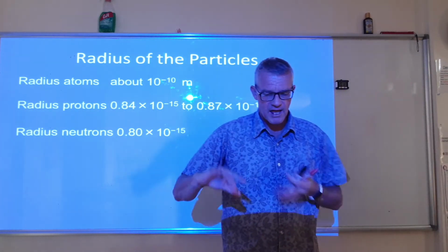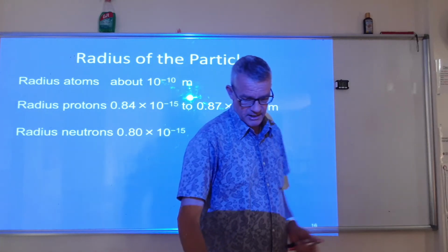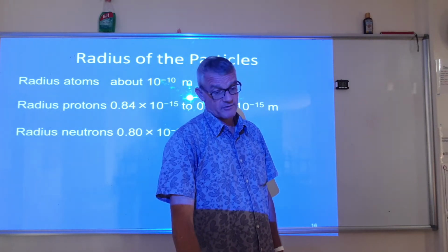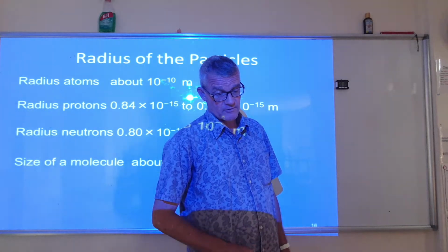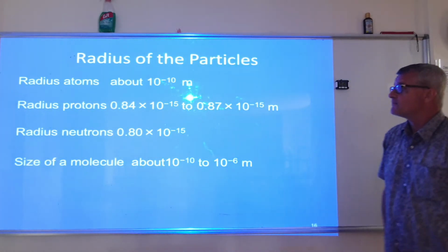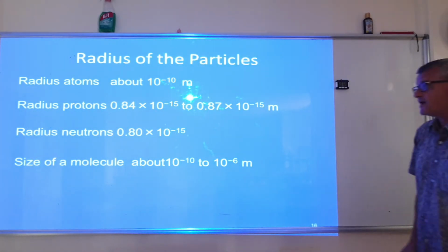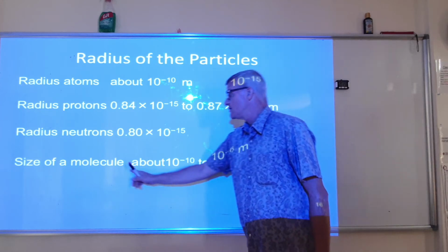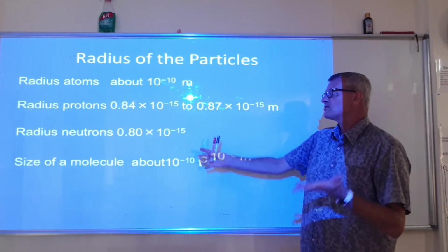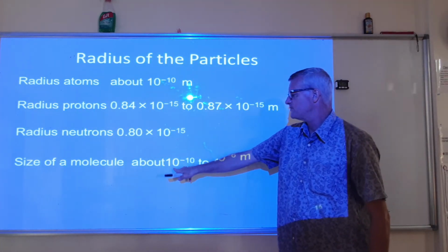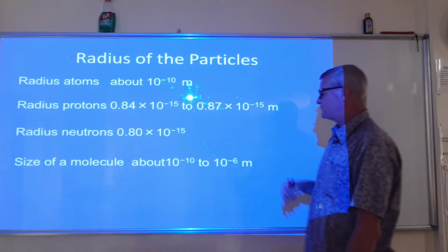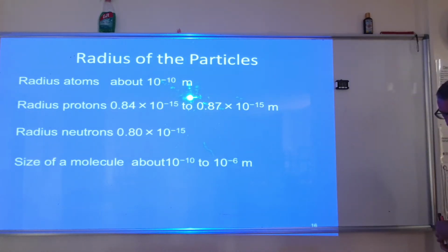So we may say the volume of the protons is more or less equal to the volume of the neutrons. When we look at the atom, it has a range from 10 to the negative 10 to 10 to the negative 6.